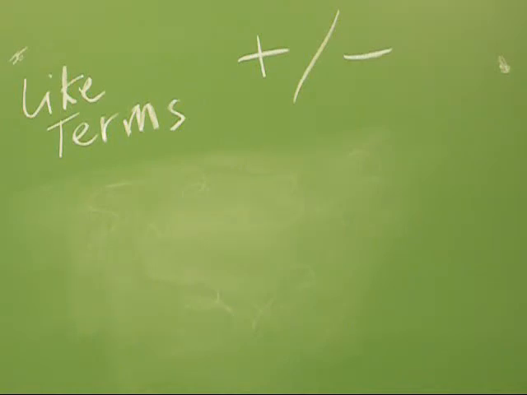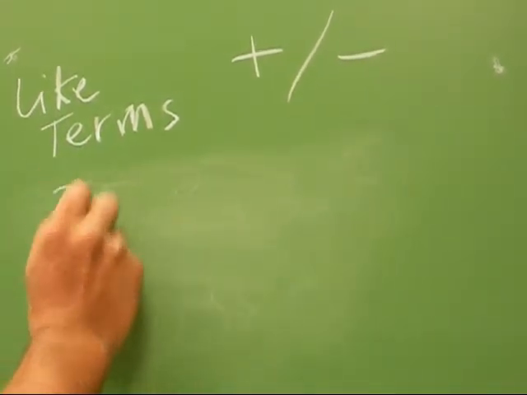It seems like the bulk of your question is revolving around like terms and unlike terms. Keep in mind that with like terms, addition and subtraction is exclusive with each other. You can only combine like terms when you're adding and subtracting.